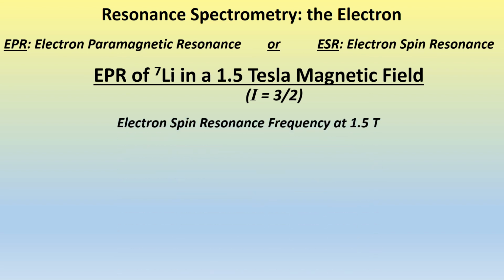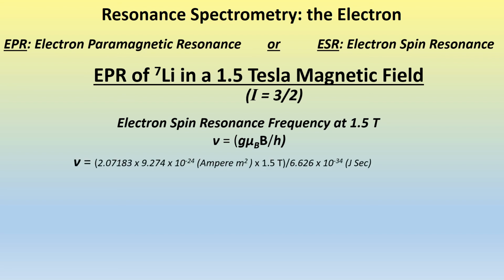2.07183 times the fundamental Bohr magneton 9.274 times 10 to the minus 24th ampere meter squared times the variable, the applied field, in this case 1.5 Tesla, divided by Planck's constant 6.626 times 10 to the minus 34th joule seconds.